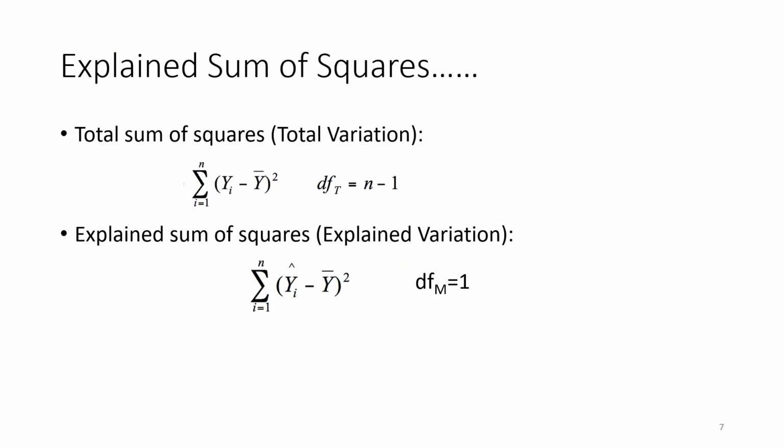We then have explained sum of squares. An explained sum of squares, or explained variation, is y hat i minus y bar, those differences squared and then summed. Sometimes this is called model sum of squares, or regression sum of squares, but we'll call it explained sum of squares.